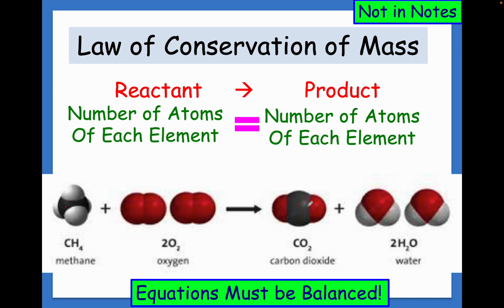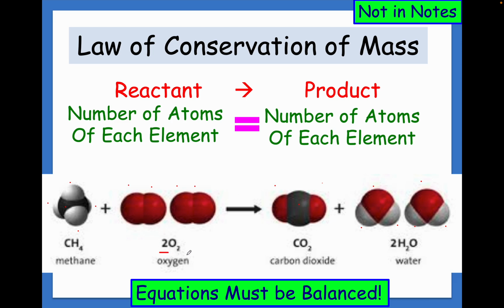So there is one carbon on the left, one carbon on the right. There are 4 hydrogens here. 1, 2, 3, 4. There's one hiding in the back. And there are 4 hydrogens here. There are 4 oxygens here, and there are 4 oxygens here. See that? So all the atoms are balanced.